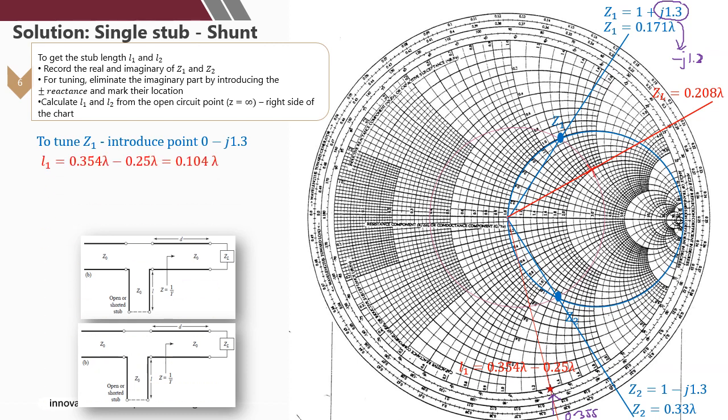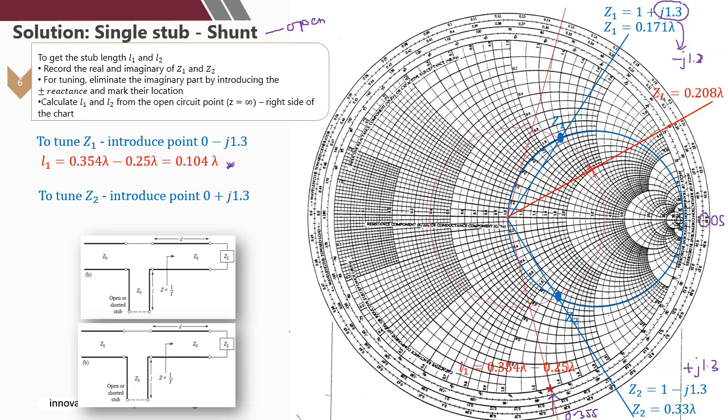Okay, and then you get the L. For this question, it is open circuit. For impedance, open circuit is here. Since the value is larger than 0.25, you will be subtracting 0.25 from 0.354, so you get L1 equal to this. Okay, next, to eliminate the second Z2, you need to introduce plus J1.3.